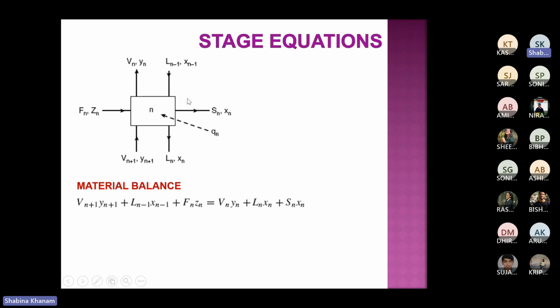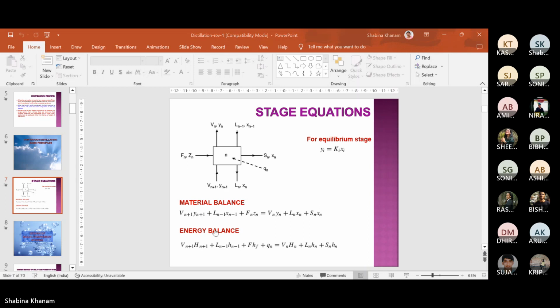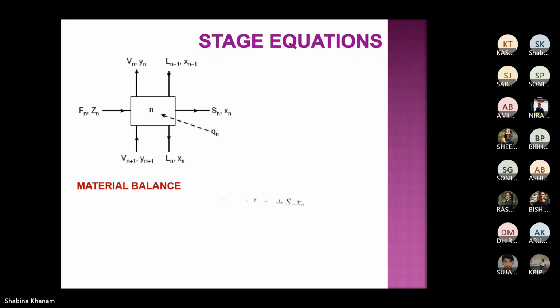If I put the envelope around this tray, these streams are entering, and these streams are exiting. In that way, you consider the streams entering and exiting, and just make the balance.